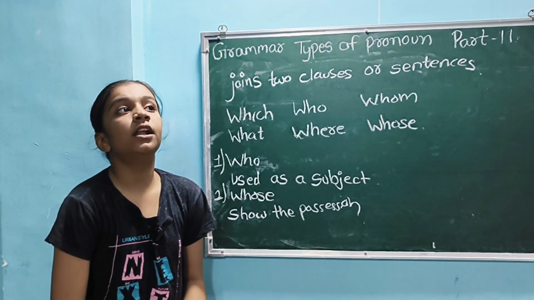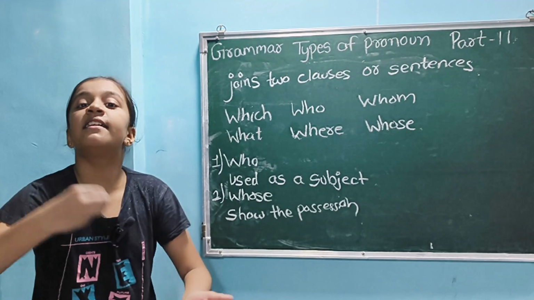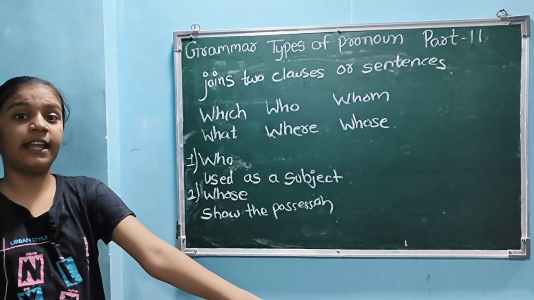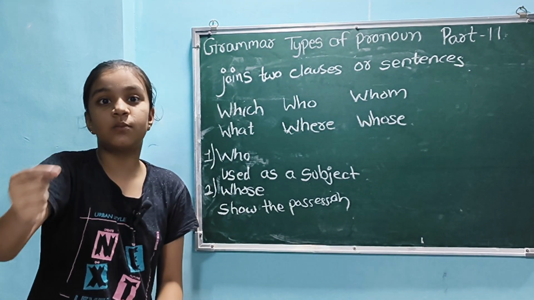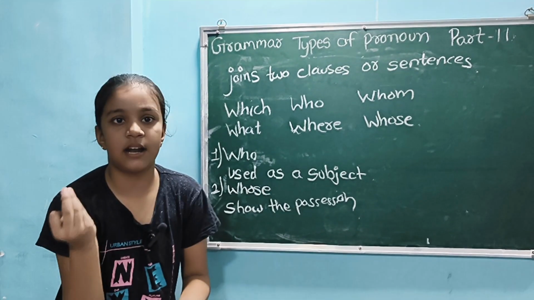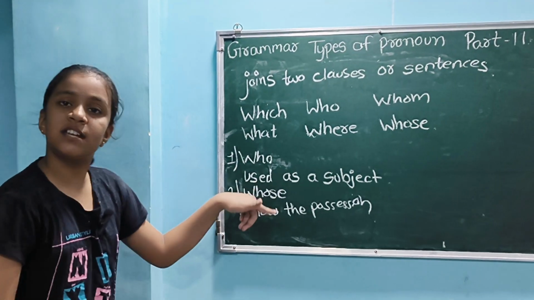Okay. So for example, this is the lady whose son is lost. So this is the lady, means I am pointing out that lady, that this is the lady whose son is lost. Means I am showing that possession, that her son is lost. Understood? So that's why I have used here whose.